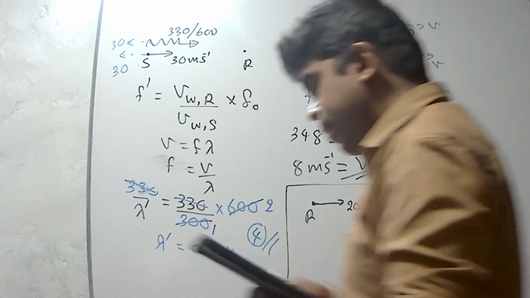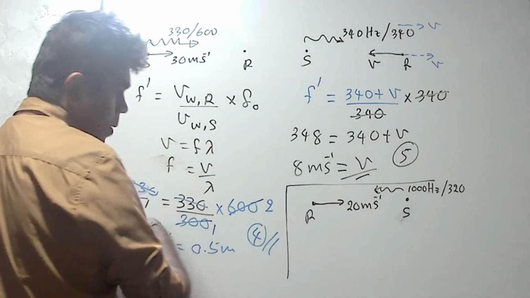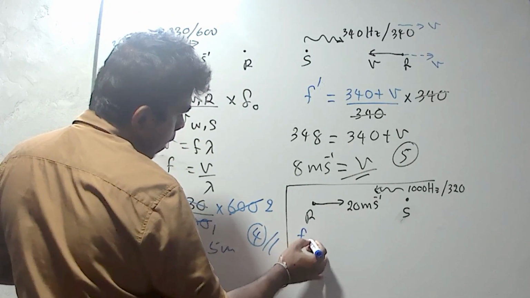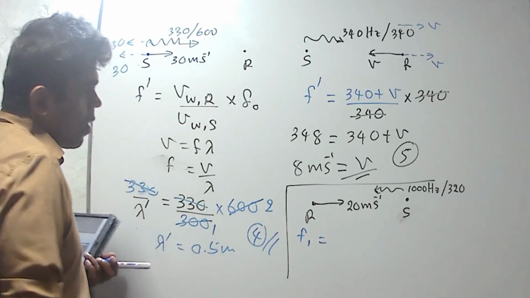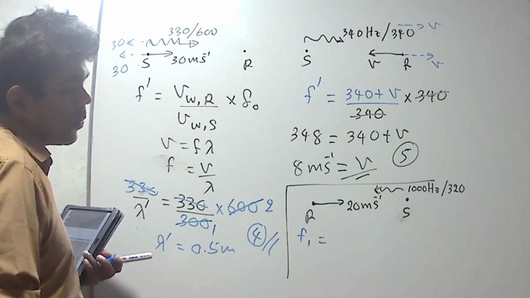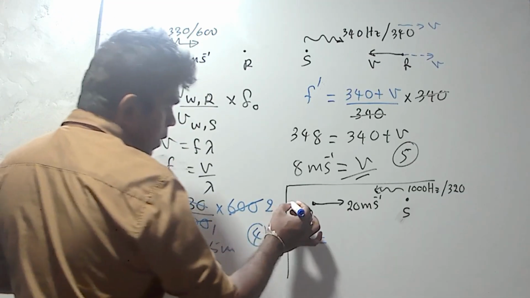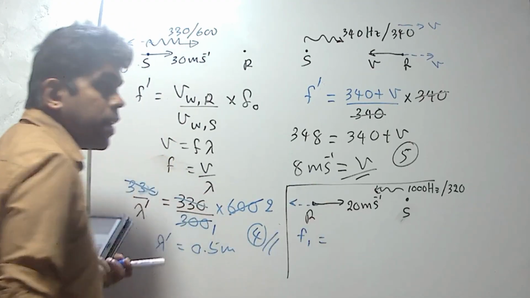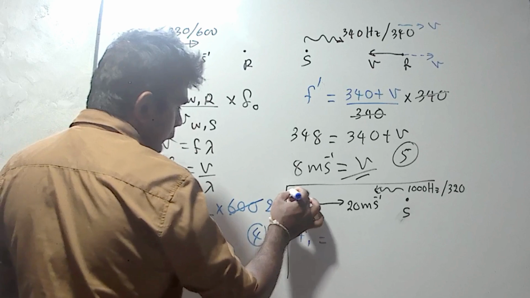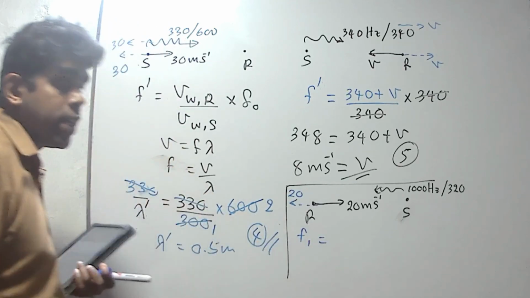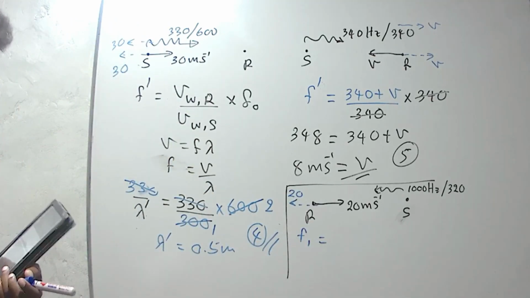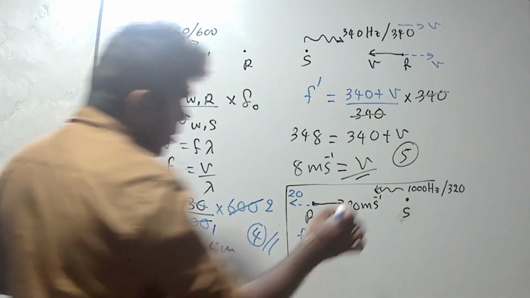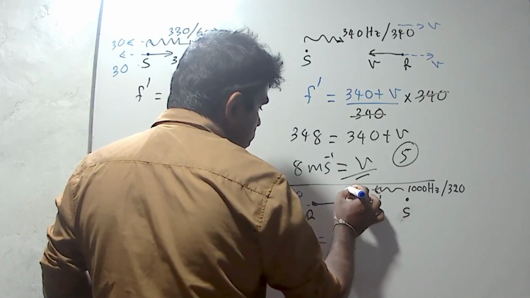Apparent frequency for this receiver, it means the receiver at the car, F1 equals the velocity of wave relative to receiver. In getting the velocity of wave relative to receiver, we have to consider that the receiver is at rest. Therefore, we have to give a velocity opposite to the initial velocity, 20. And we have to do the same thing for the wave.